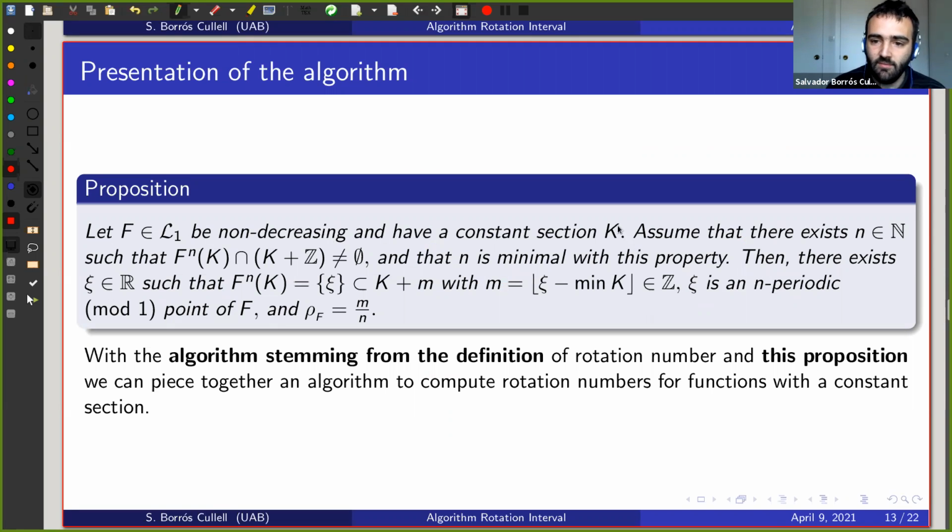It says that if we have a constant section X such that there exists some n such that the nth iterate of the constant section intersects the constant section modulo 1 again, and n is minimal, then we can assure the existence of an n-periodic point, and with this n-periodic point, we can compute the rotation number of our map. Sorry, I didn't say it was non-decreasing. Yes, that's very important.